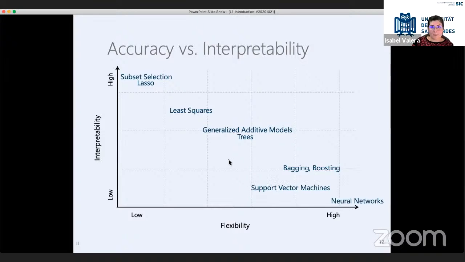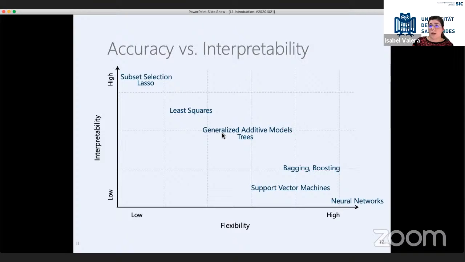And coming back to examples, if we go to the left side, we are going to have some linear models that only use a subset of the input features. We are going to have least squares, which is the linear regression that I was showing you at the beginning, and which we will cover in the next lecture.